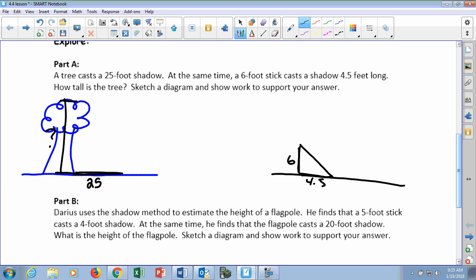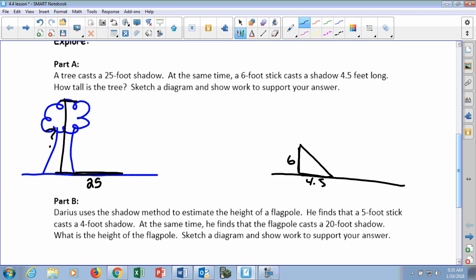You're on the right track. Think of this: what sides are similar to the stick and the tree? Give me a set of similar sides. Okay, 25 and 4.5 is a similar set of sides. Give me the other one, Lily. 6 and the question mark.